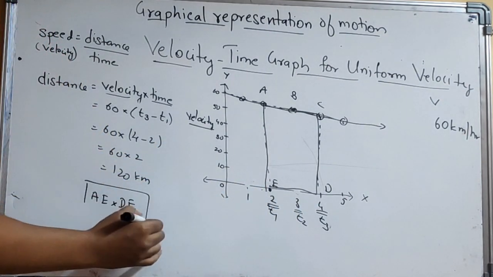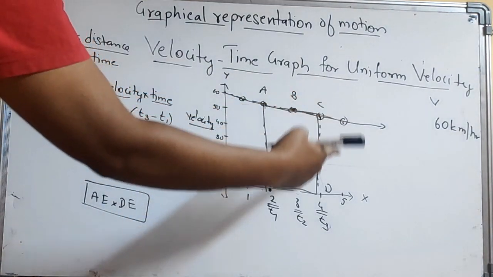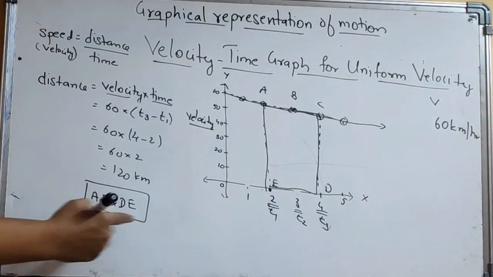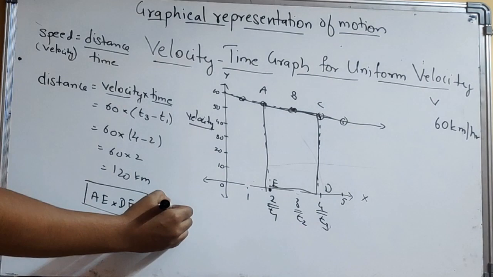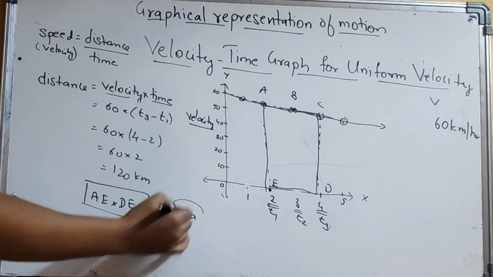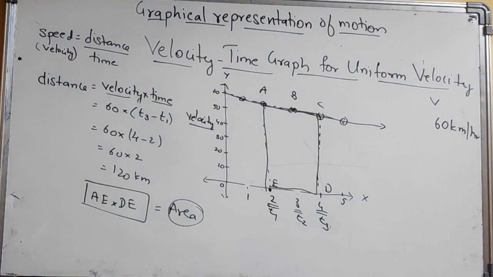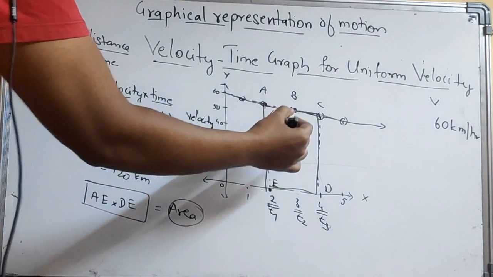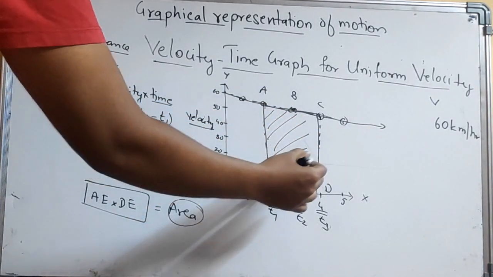Now for quadrilateral ACDE, AE into DE is what? Area. So in order to find out the distance covered by the object in the given time, you are supposed to find out the area under the graph.